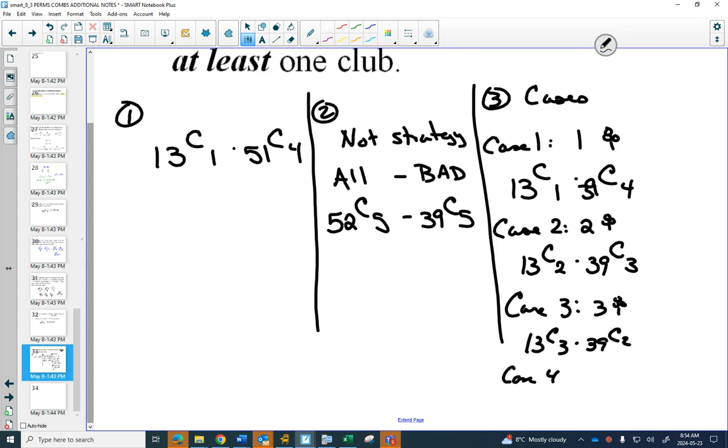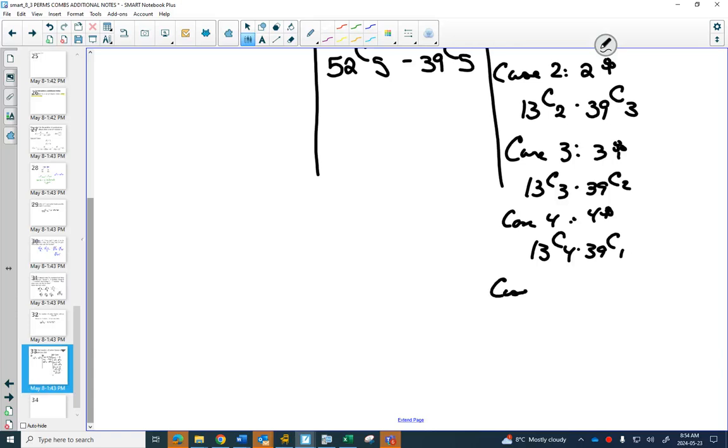Case 4 would have 4 clubs, 13 choose 4, 39 choose 1, and then finally case 5, we have our hand with all 5 clubs, which is just 13 choose 5.